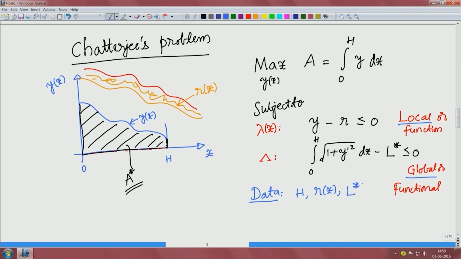Okay. These are the things that are given to us. We need to find y of x. Okay. One thing that we would change is that whenever we maximize something, our convention is always to minimize. So, let me change that maximization to minimization, but I will put a negative sign.